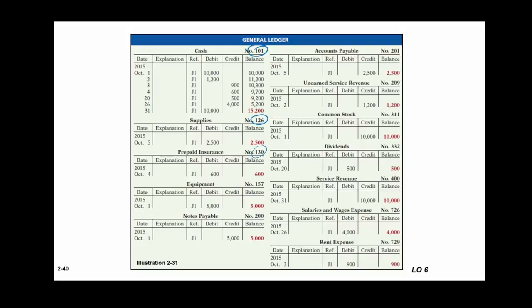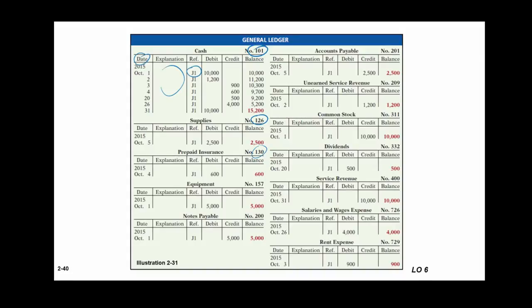Remember what we discussed last time. Do you remember that form? It's what we have here. We have the date. The explanation most of the time is empty, because you can always find it back in the journal, so there is no need to repeat it or to be redundant. This is the reference to the journal page.